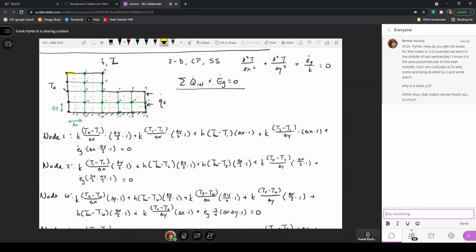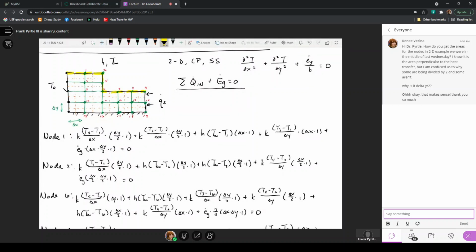That would be a delta X by delta Y. Here, this entire length would have the temperature that was calculated for node 1. This length would have the temperature that is T2. This one would have the temperature that's T2. This entire length would have T4. Here in this corner, T6, T7, T8, and T9.